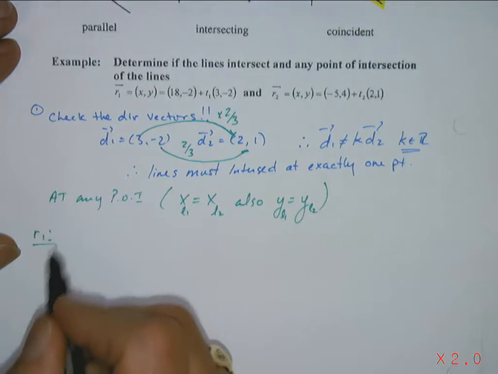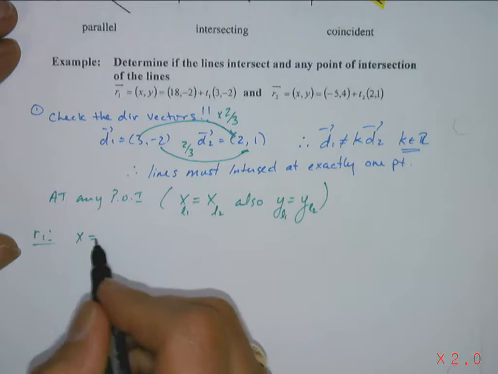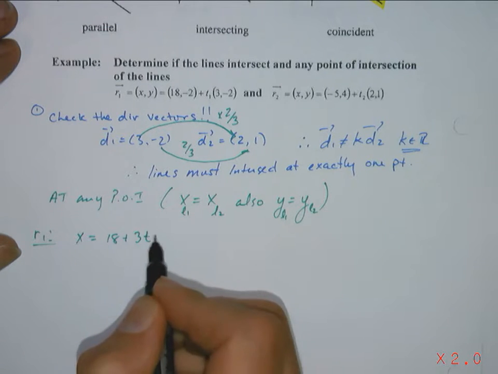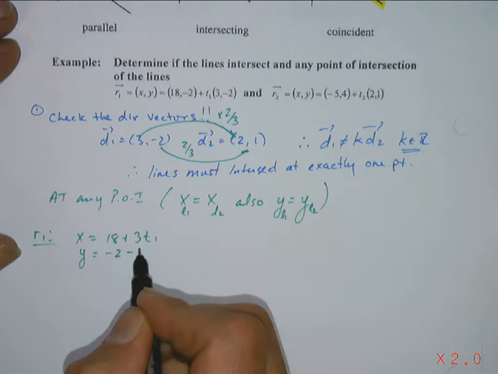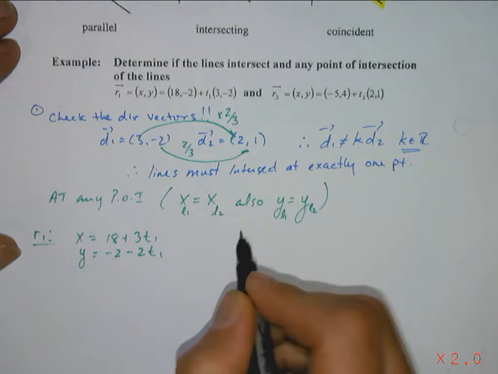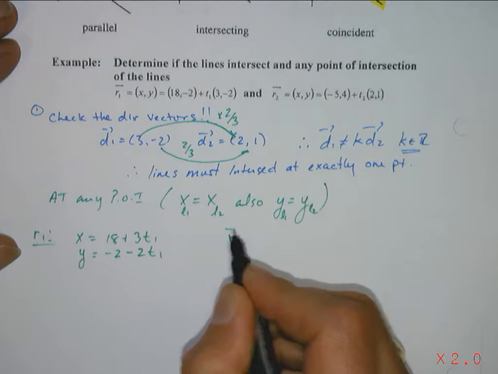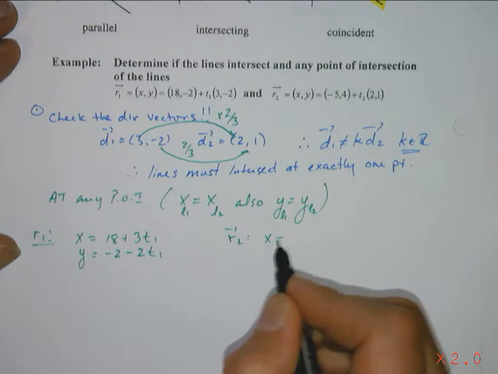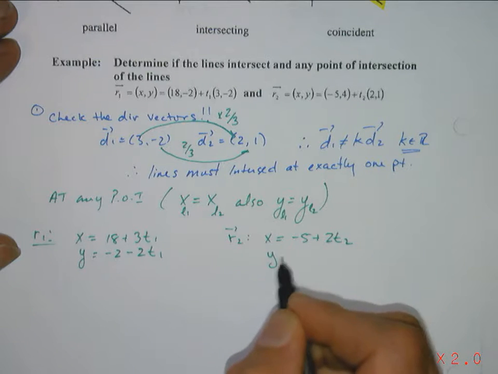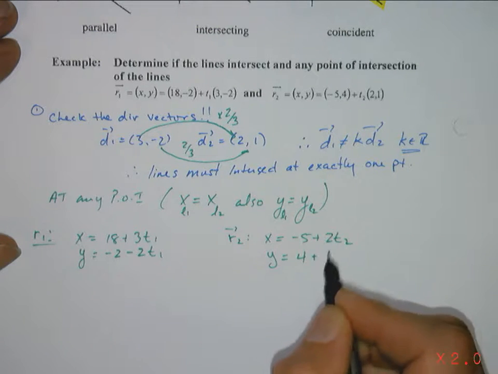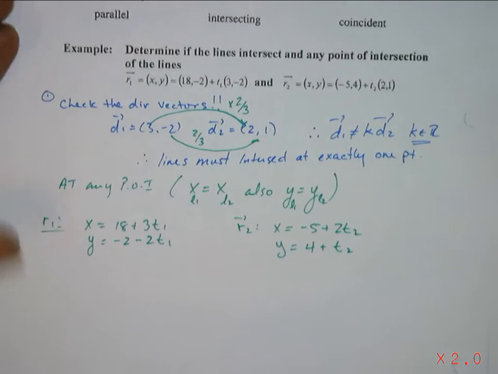So R1 parametrics are going to look like x equals 18 plus 3t1, and y equals negative 2, take away 2t1. And for R2, the parametrics are going to be x equals negative 5 plus 2t2, and y equals 4 plus t2. These are my parametrics.